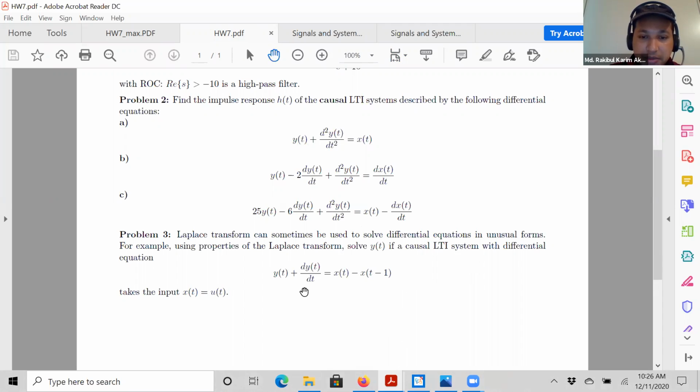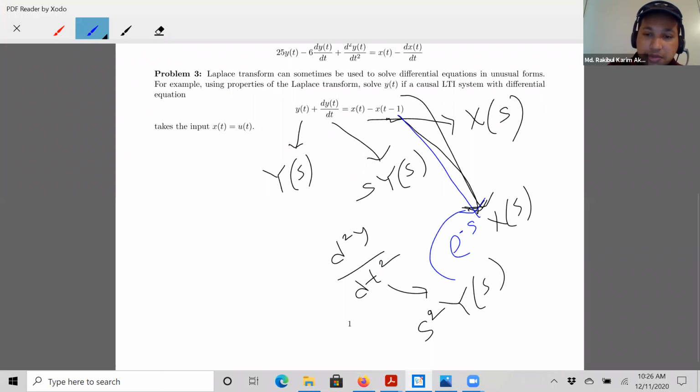Now you can understand what you have to do. dx/dt becomes s times X(s); you multiply X(s) with s because of this derivative. This part was the only complicated one, where you multiply with e to the power minus s. Now everything is in the Laplace domain, for both problem 2 and problem 3.